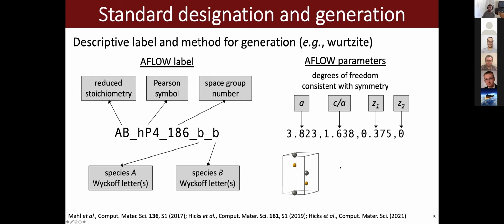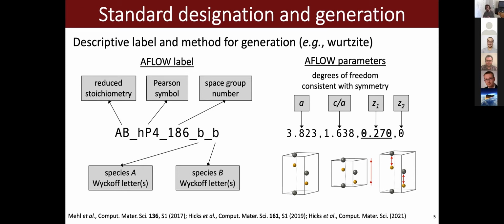What's nice about this construction is that we can tune these degrees of freedom and slightly modify the cell. For example, if we reduce the C/A ratio, we're squishing the cell. If we change some of the Z parameters, we can change the spacing between some of the atoms in this unit cell along the Z direction.